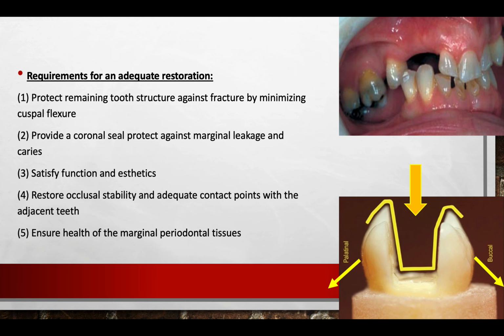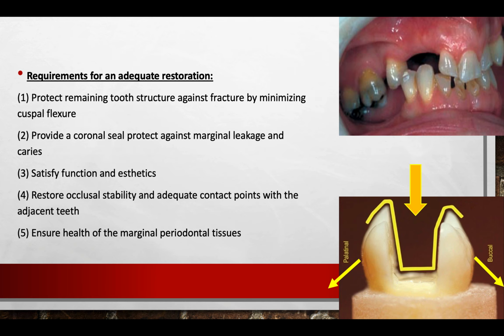We want to protect the remaining tooth structure against fracture by minimizing cuspal flexure. We want the coronal restoration to provide a coronal seal and protect against marginal leakage and caries. We want to provide satisfactory function and aesthetics.